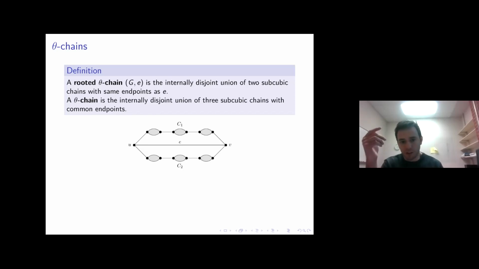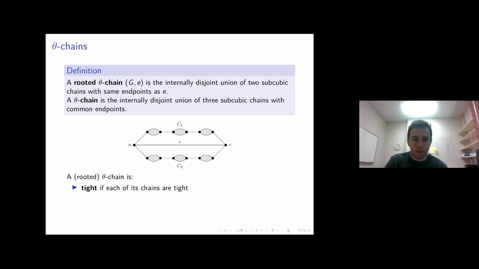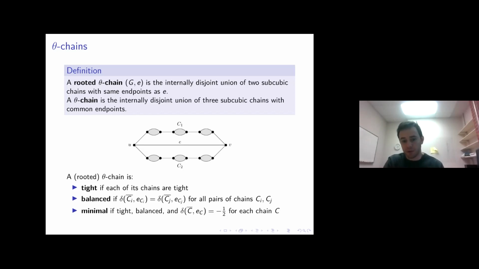And I have a rooted theta chain drawn here below. And these definitions extend to these specific structures. So we say that a theta chain is tight if each of its chains are tight. And it's balanced if each of its chains are balanced in that sense. It's minimal if the chain has the smallest savings possible, which is -1/2.